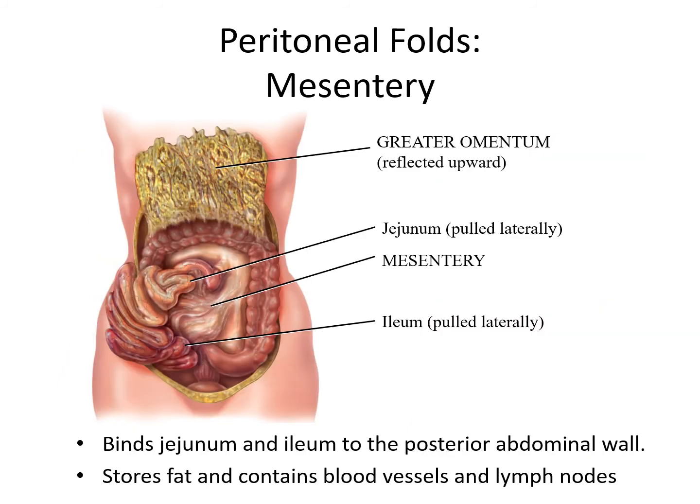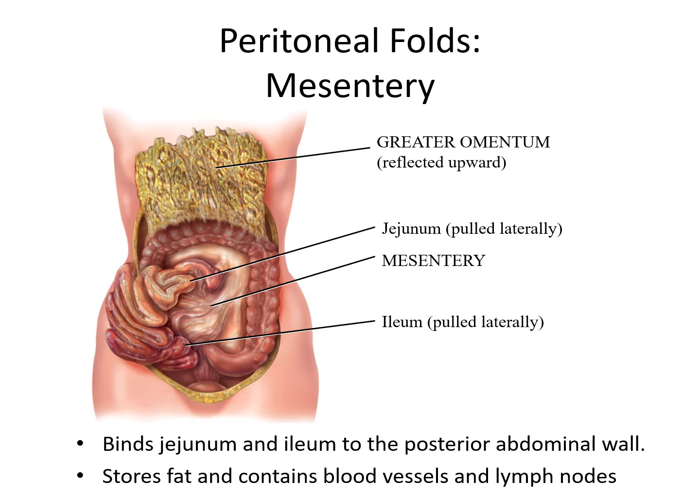One of the most important of the folds is the mesentery. Mesentery is found between the loops of the intestine, so it kind of holds those loops together, and it attaches to the inside of the posterior abdominal wall.